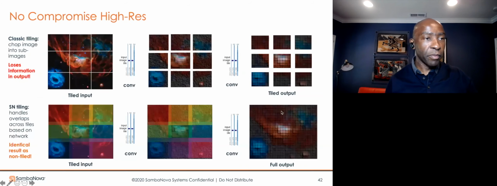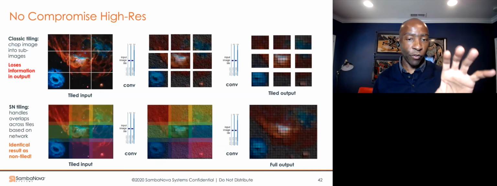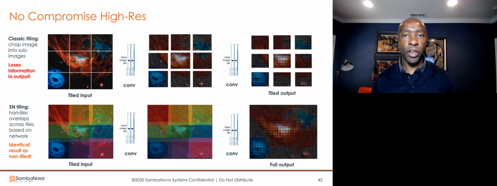And so just to be clear about how this works, of course, convolution is an operator that creates a moat around each operation. And if you do not tile correctly with the right kind of overlap, then what you'll end up with is what we see at the top row here.